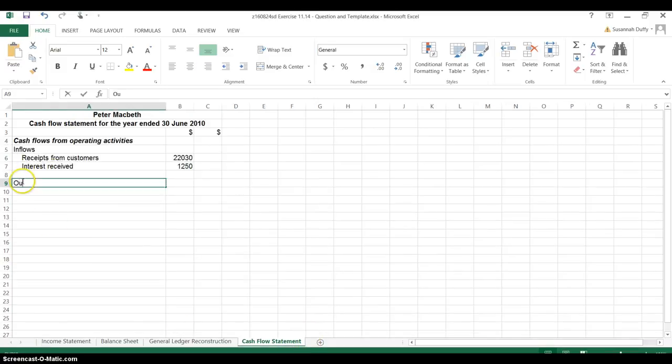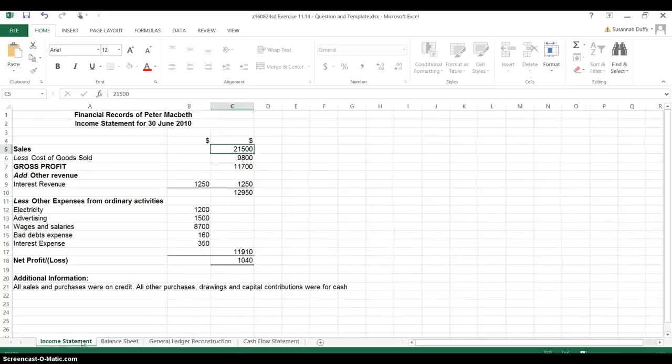So now we can do our outflows. So the first one we'll look for is payments to suppliers. Okay, so we can pop that in as our title, I should say. Now we need to go into the income statement to find this amount.